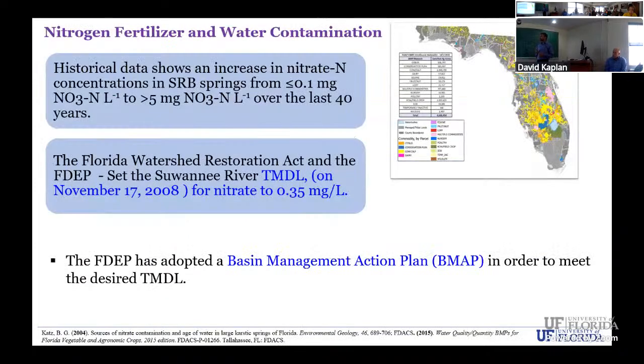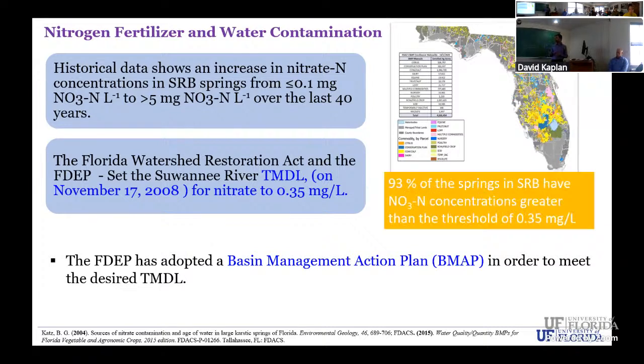Okay. So the Florida Watershed Restoration Act and the Florida Department of Environmental Protection set the limit for total maximum daily load for nitrate back in 2008 at about 0.35 milligram per liter, right? Right now, about 93% of our springs are above that mark. So we have to really develop certain best management practices to tackle this problem.